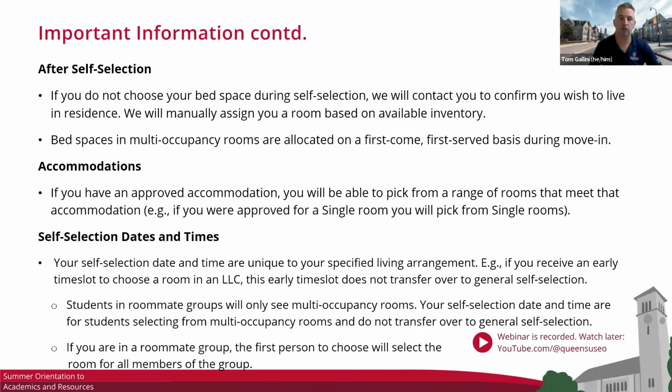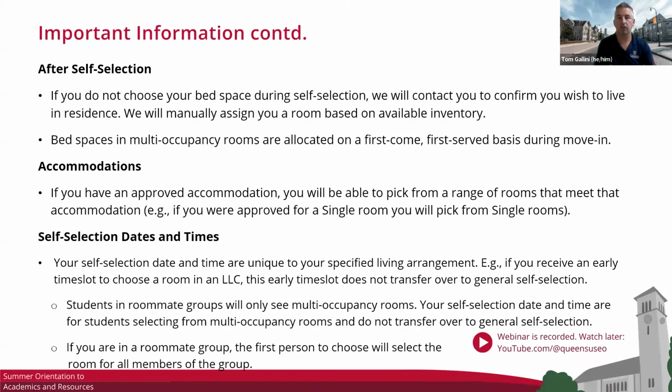If you're in general self-selection and you don't choose your bed space, then we'll be contacting you to confirm that you want to live in residence. You will be required to confirm that, and then we'll be assigning you to a room based on the available inventory. Bed spaces in multi-occupancy rooms themselves are allocated on a first come, first serve basis.